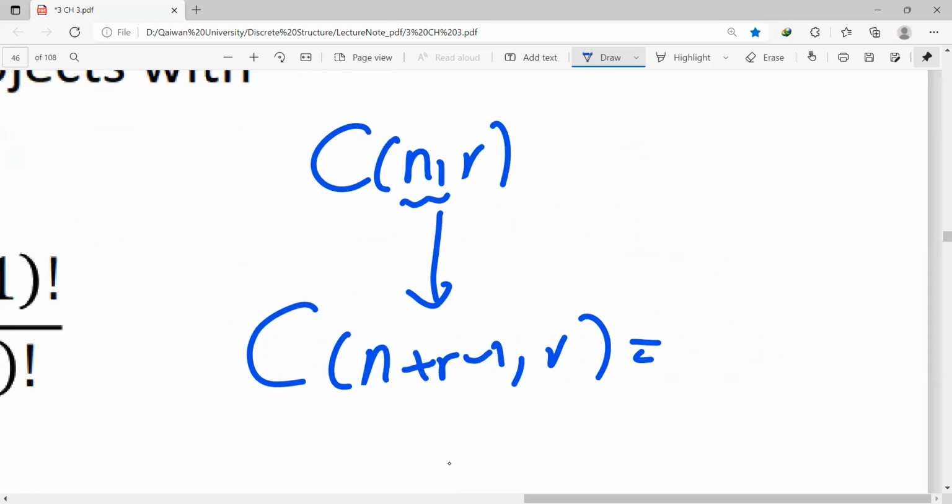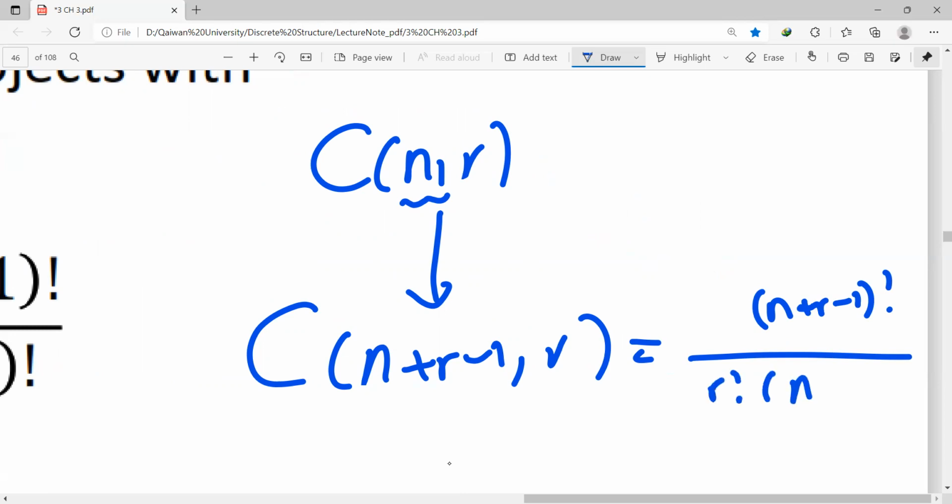In fact, it equals n plus R minus 1 factorial, divided by R factorial, multiplied by n minus 1 factorial. Because here this is n, this is minus R factorial.